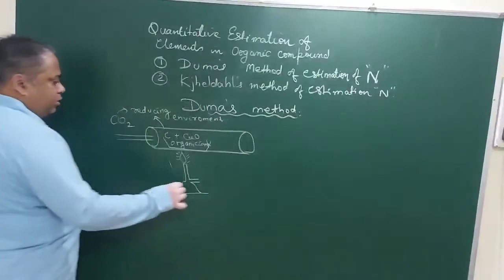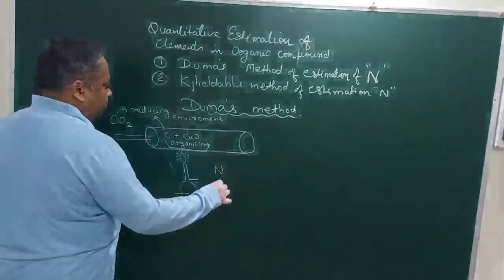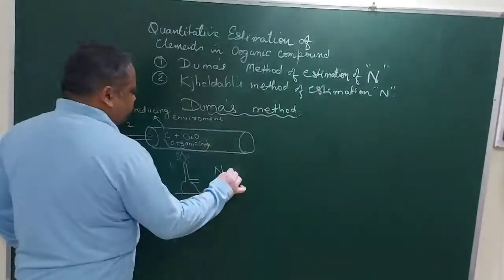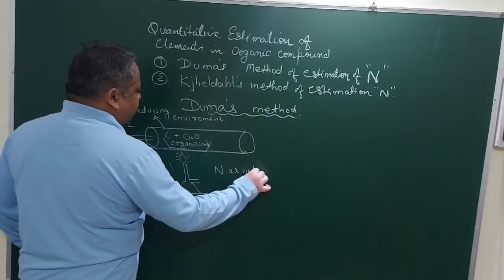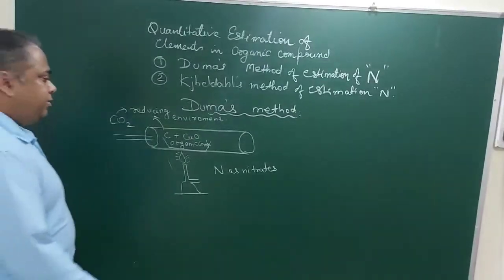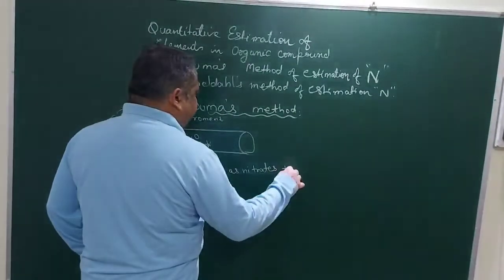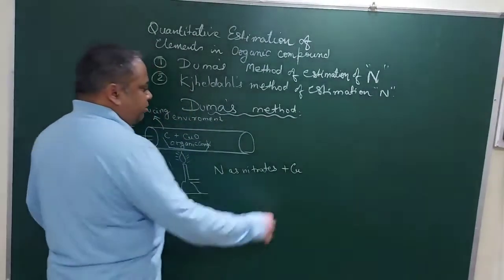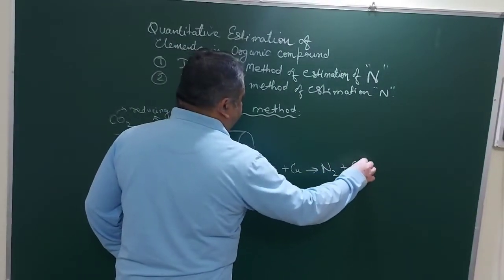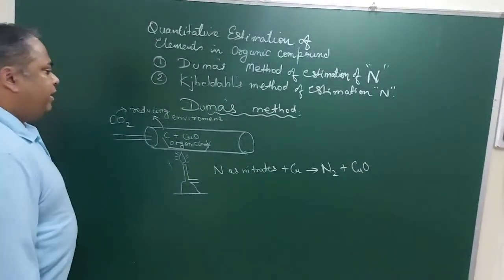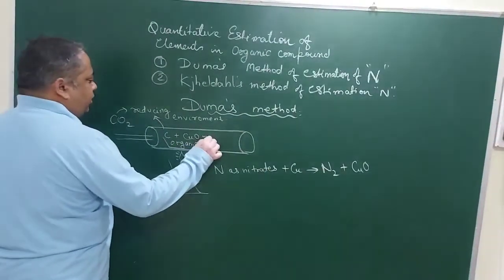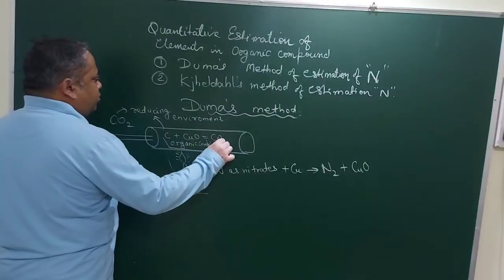Now, the nitrogen present in the organic compound in the form of nitrates or amines, they react with copper and form nitrogen gas, and copper oxide is formed. Now from where does copper come? Copper comes from here. When you heat, it forms CO2 and Cu.